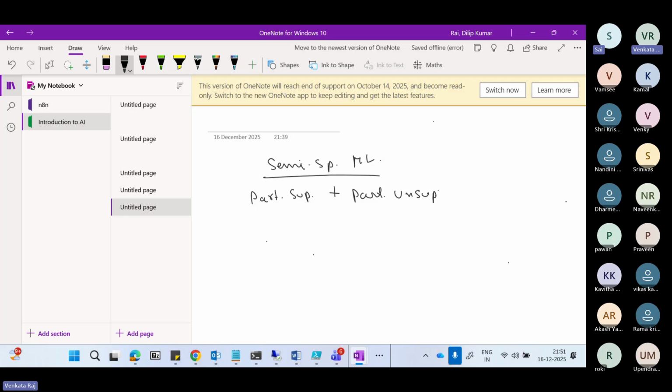This is semi-supervised. It requires a lot of human effort. Why? A lot of human effort, because in semi-supervised machine learning, we label the input data ourselves.